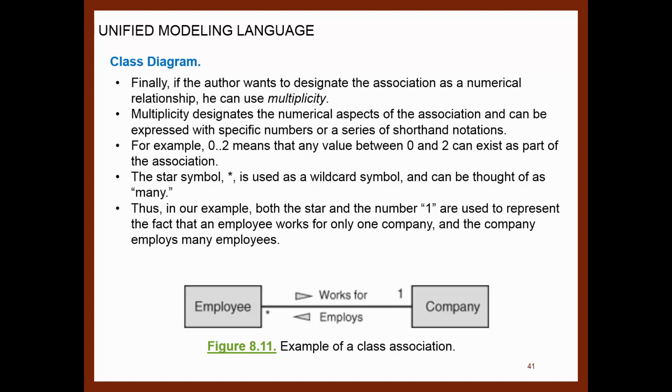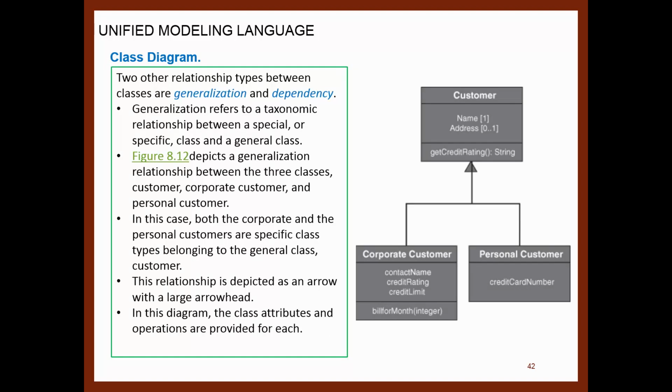The star symbol is used as a wildcard symbol and can be thought of as "many". Thus, in our example, both the star and the number 1 are used to represent the fact that an employee works for only one company and the company employs many employees. So here's an example of a class diagram.